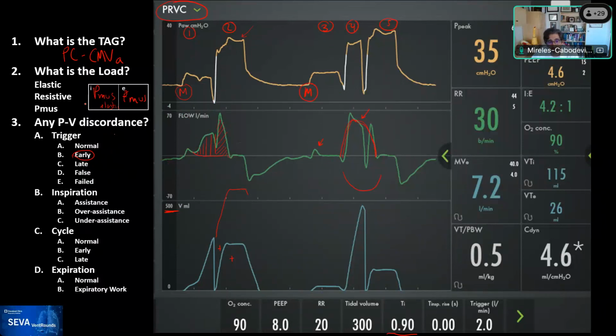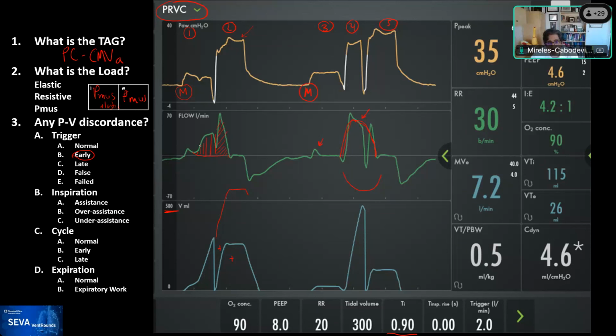Because the prior one is an early trigger, this is likely to be also an early trigger, and I actually know the patient. But this is a matter of how things are being defined right now. If you go to early trigger, there's a subtype of early trigger called reverse trigger, and reverse triggers present in different ways.